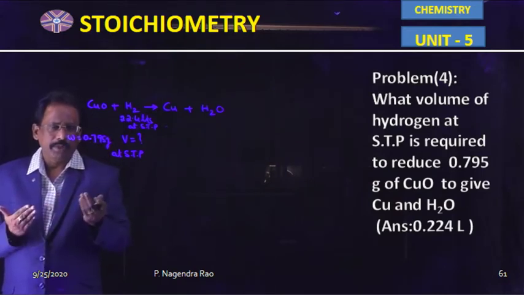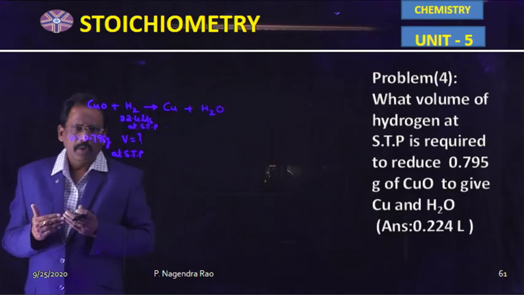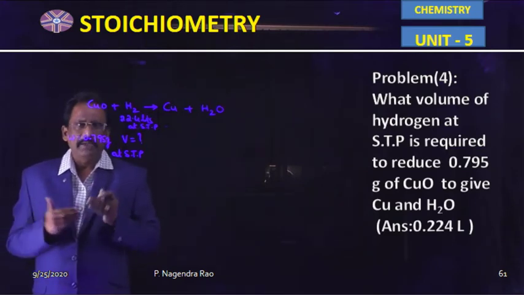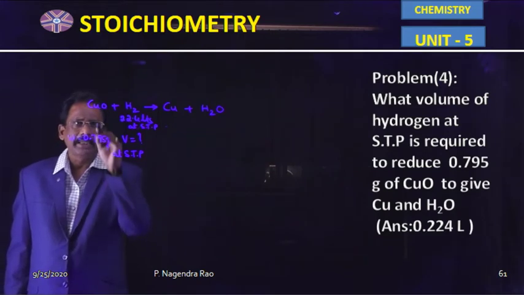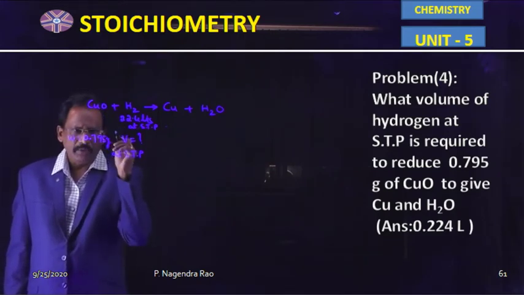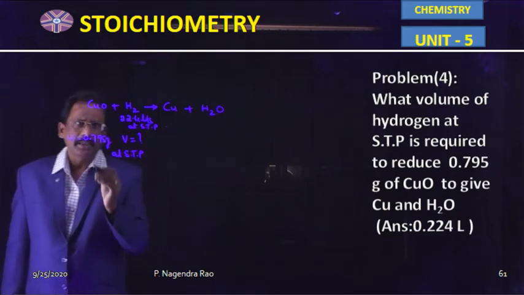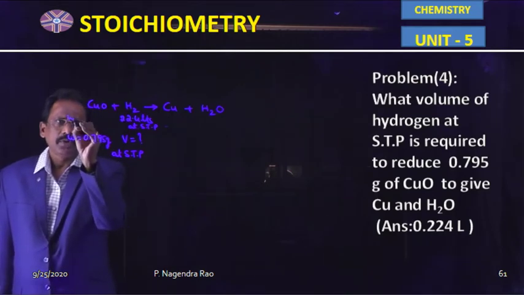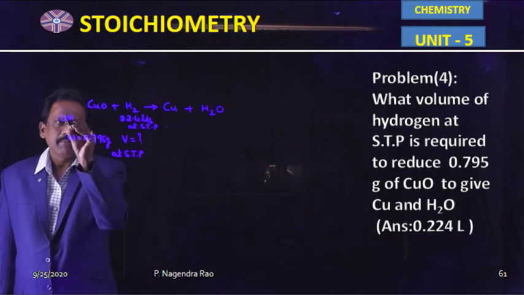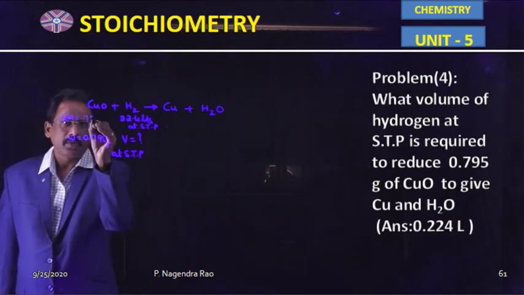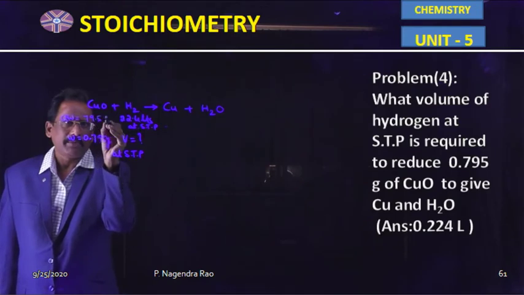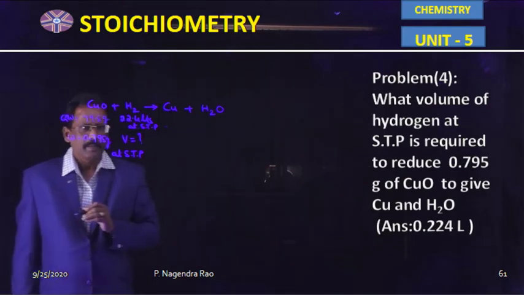1 mole cupric oxide is nothing but 1 gram molecular weight. So 1 gram molecular weight of cupric oxide is 63.5 plus 16, that is equal to 79.5 grams.